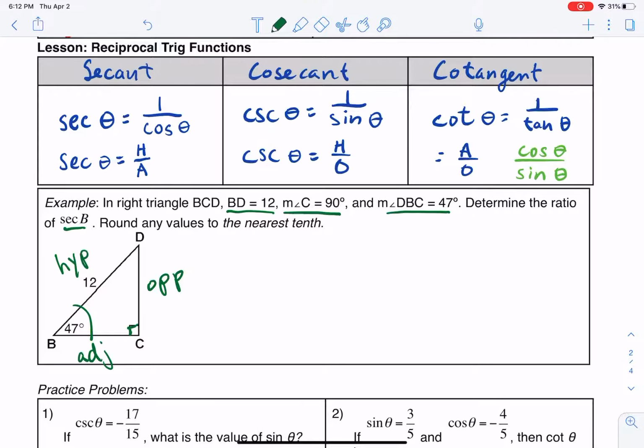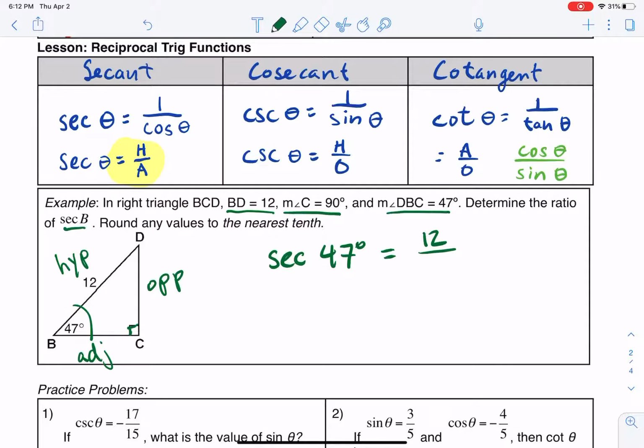So I'm going to write secant of 47 degrees. And now remember, secant is the same as the hypotenuse over the adjacent side. So that equals 12 over adjacent.